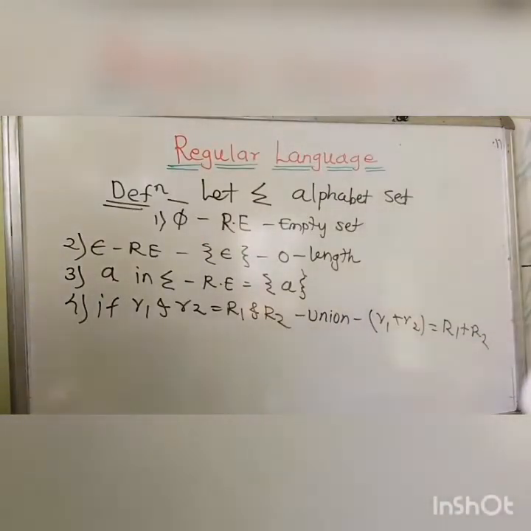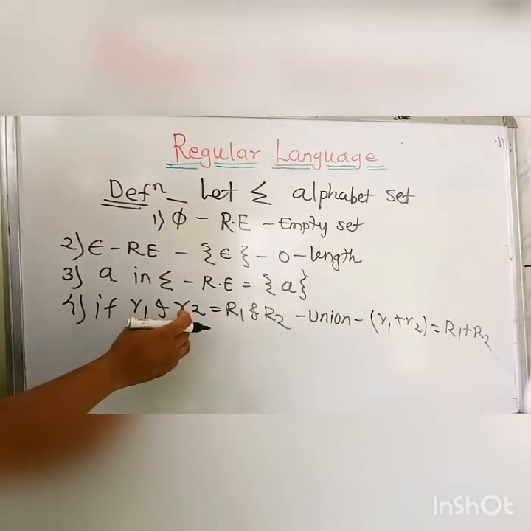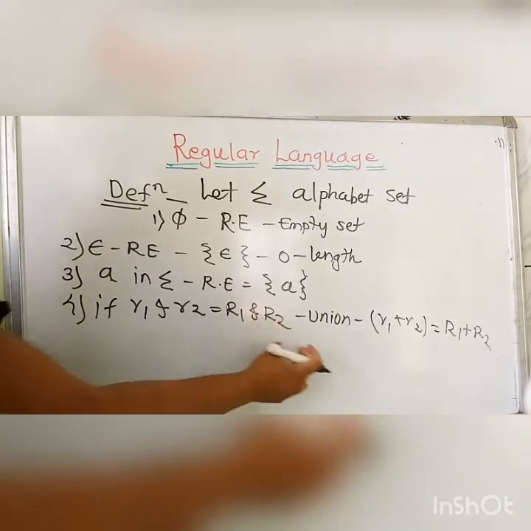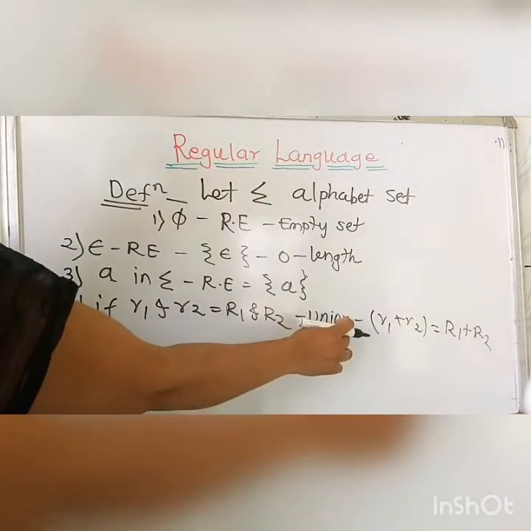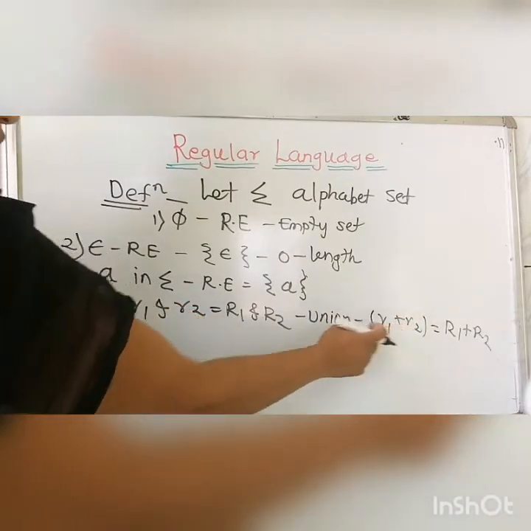Means if these are two different regular expressions representing the languages R1 and R2, and we get the union of them, then we use plus as an operator between them to represent the union.